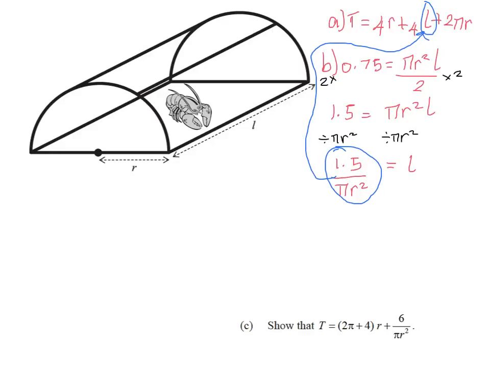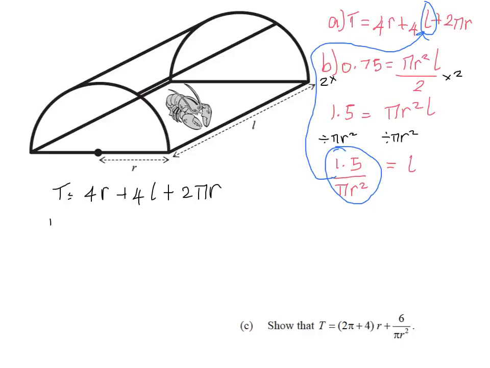So originally, when we did question A, we got that T was equal to 4R plus 4L plus 2 pi r. That's what I have in the first line. That's what we did originally. But again, we don't want our L there.